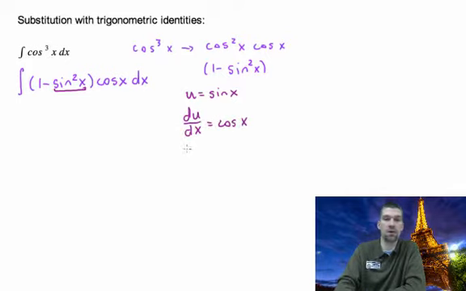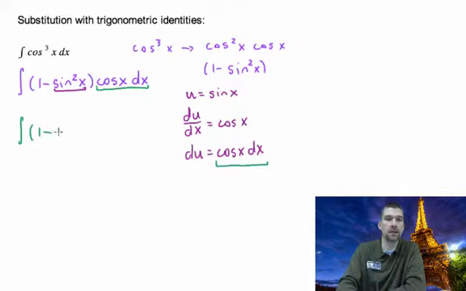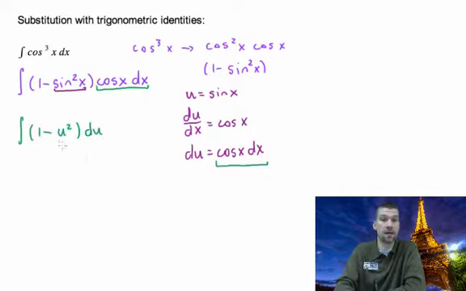And if I get du all by itself, I have cosine x dx. So check it out. What I need is cosine x dx. I can replace that with du, and then I can place a u for my sine squared. So here's my new problem: the integral of 1 minus u squared du. How about that?